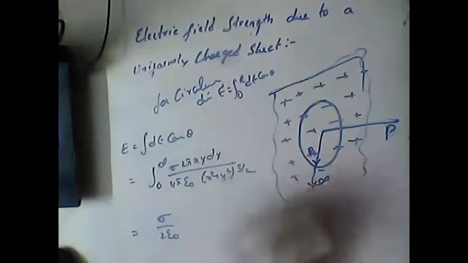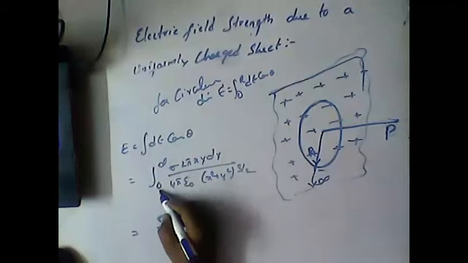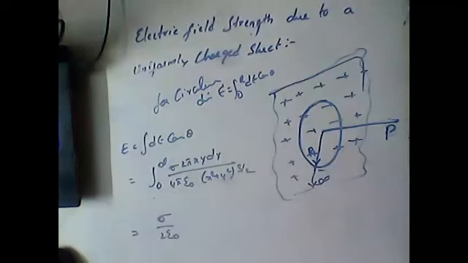But for the whole sheet, the limits are 0 to infinity. And by solving, we get the same formula as before. So electric field strength due to a uniformly charged circular disk or a long sheet will be sigma by 2 epsilon.